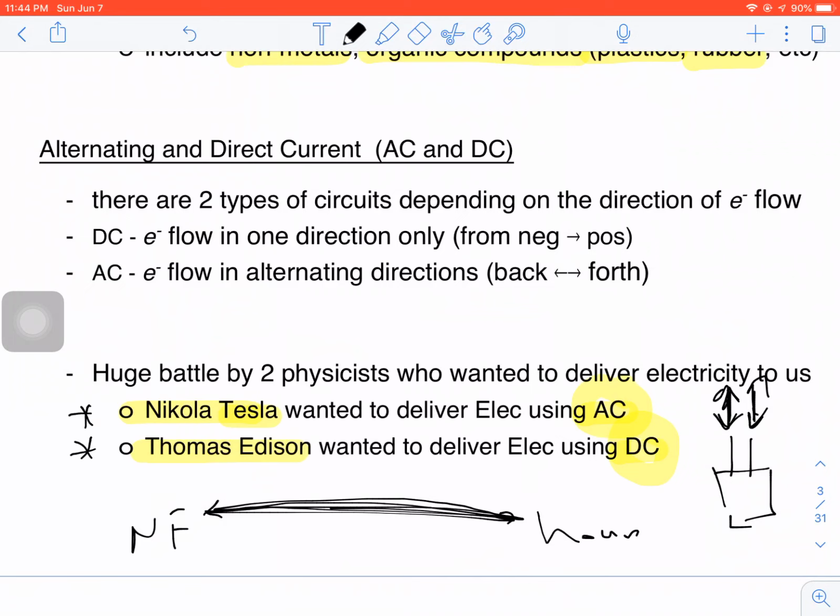And ultimately, like I said, Nikola Tesla won. So we've got AC electricity, where electrons have alternating direction, alternating current, and DC electricity, where the electrons flow in one direction only.